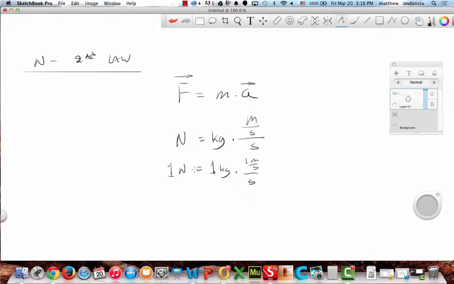Times 2 kilograms of mass. 6 newtons. Okay, I'm going to change it by 6 meters per second.